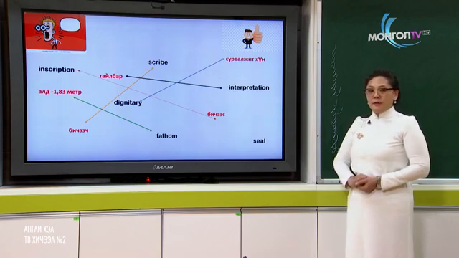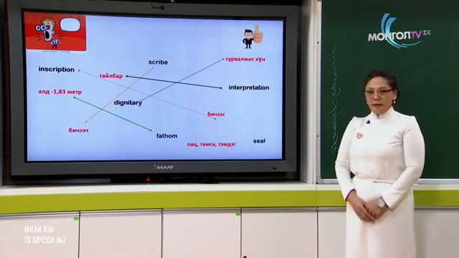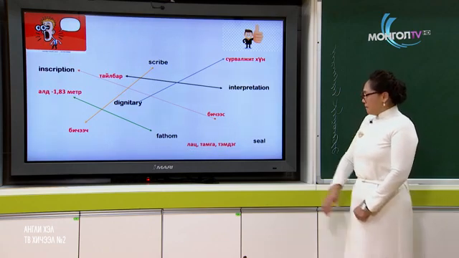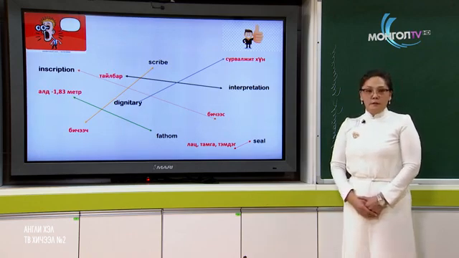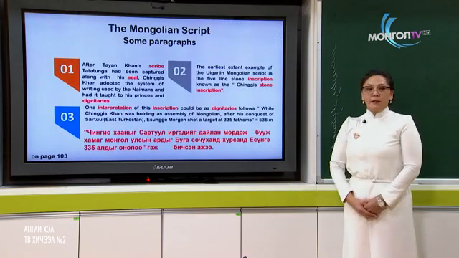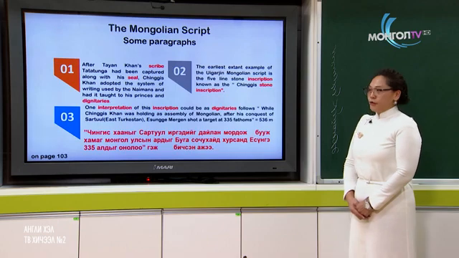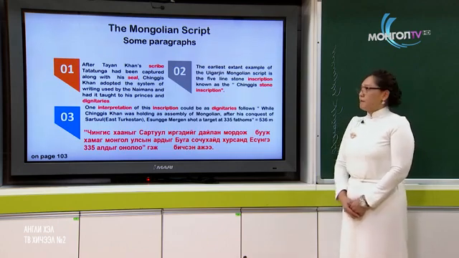Do you remember? Yes. If you remember, the meaning is this one. So you have a few words to use in your text. Now open your page 103. There is the text about Mongolian script.